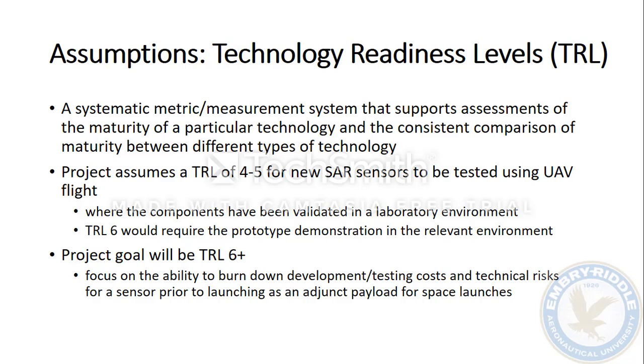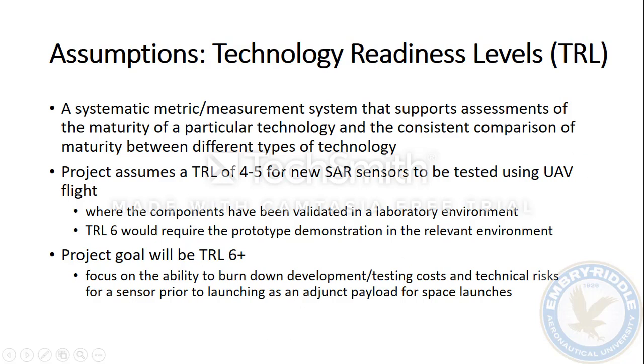TRL, technology readiness levels, was another assumption. So how mature is the system? This is the definition of it up here, but really what it boils down to is we want to take something from a TRL 4 status, which is basically a prototype in a controlled environment in a laboratory, to a 5, which is a working prototype in a controlled environment, again a laboratory, to something like a 6.